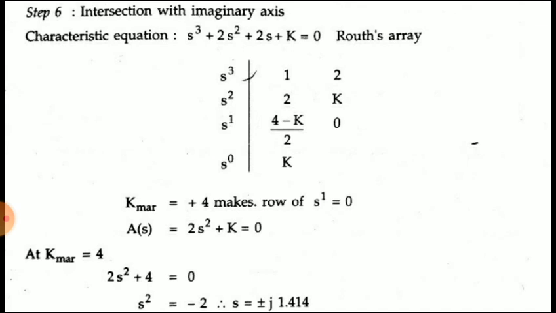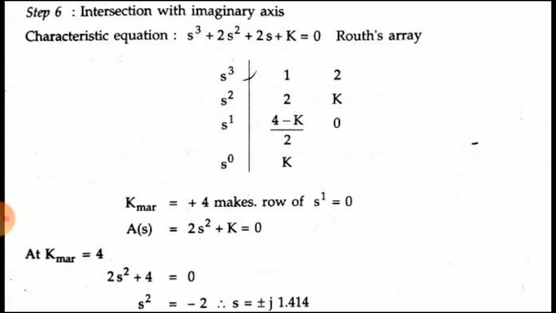Now the intersection with the imaginary axis. So the Routh array we have to form. After forming the Routh array, you have to find the k marginal. So you have to make the s raised to 1 row equal to 0. So when you make it 0, k will be 4. So k marginal will be 4.